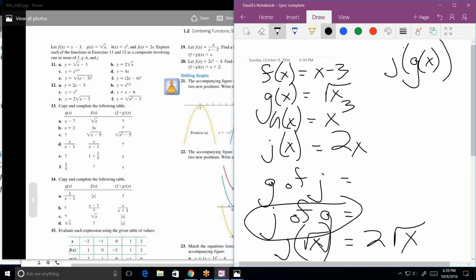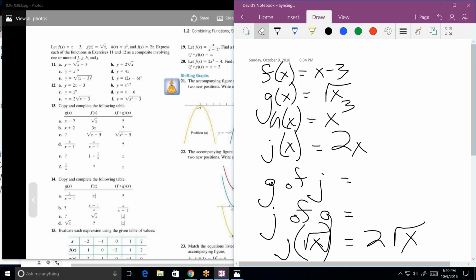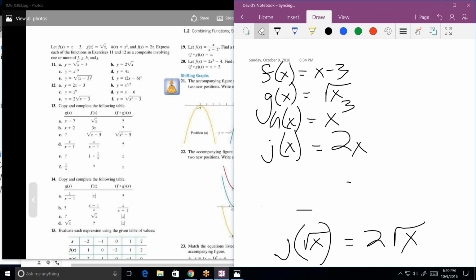That means j of g of x. Well, we know what g of x is, so we'll substitute. So what that really means is j of square root of x. And now it becomes easier to handle. It's not nearly as confusing. So that's a good thing to always do. Okay, so we got that one.